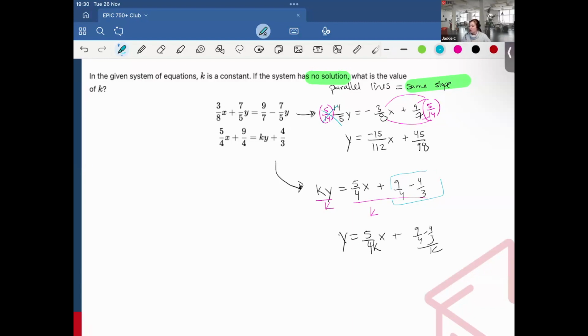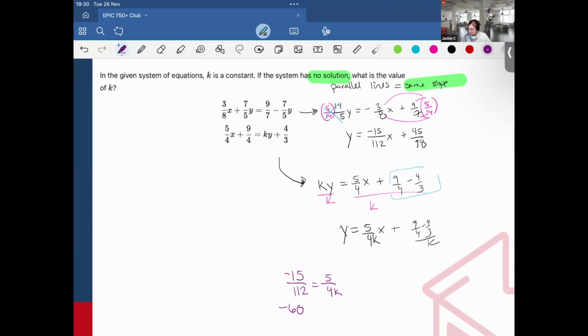Final step of our journey is to take the two slopes and set them equal to each other. Negative 15 over 112 is equal to 5/4 over k. Next step, multiply. So I would get negative 60k is equal to 112 times 5, 560.